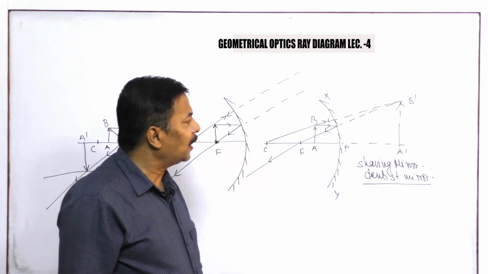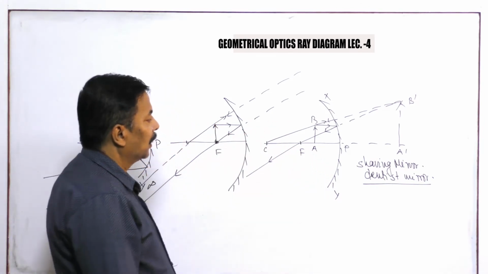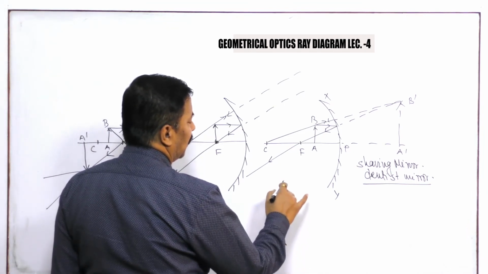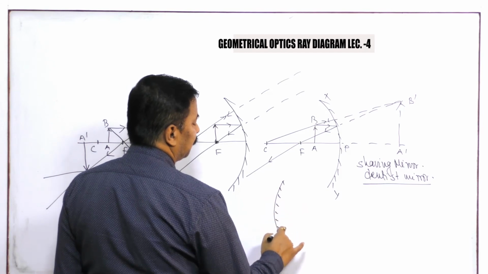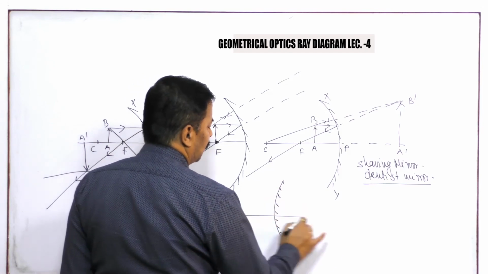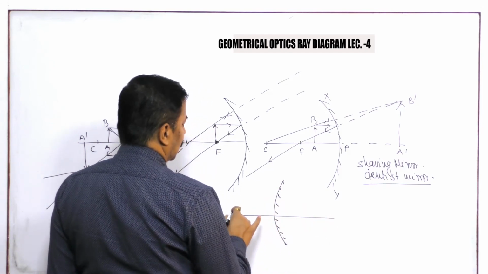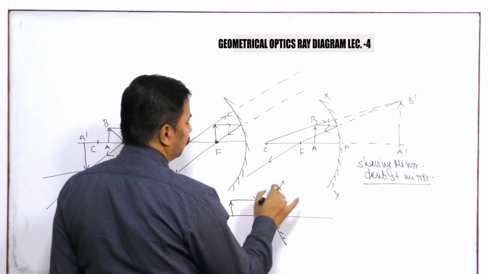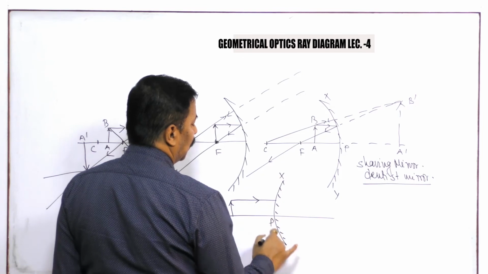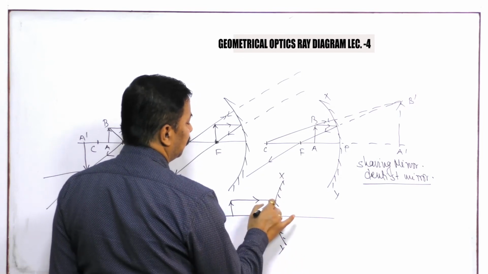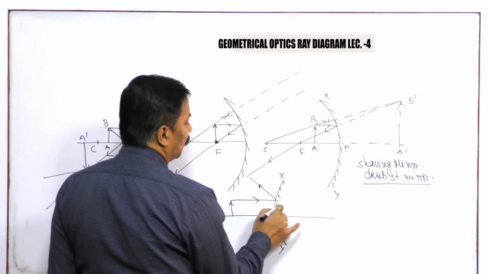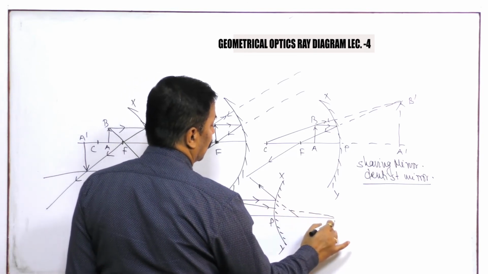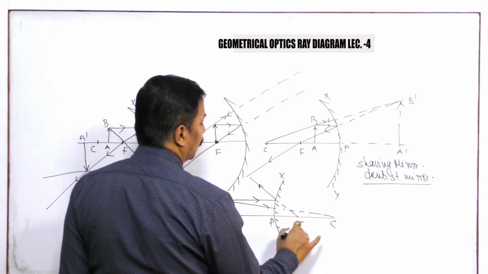Next thing to understand is the last diagram, about convex mirror. So here you see, in convex mirror, if the object is anywhere between pole and infinity, we will be getting the image between pole and focus.